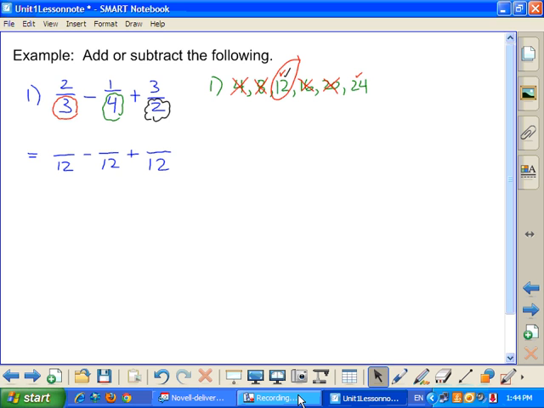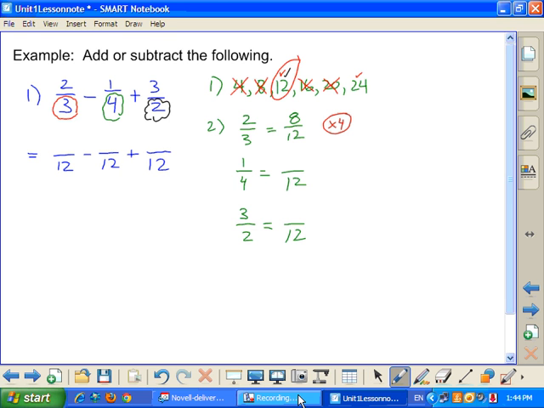So there's your 12. Step 2 is equivalent fractions. So I have 2/3, and it's got to be something over 12. I have 1/4, it's got to be something over 12. And I have 3/2, and it's got to be something over 12. So I'm going to multiply top and bottom of the first fraction by 4, because 3 times 4 is 12, 2 times 4 is 8.